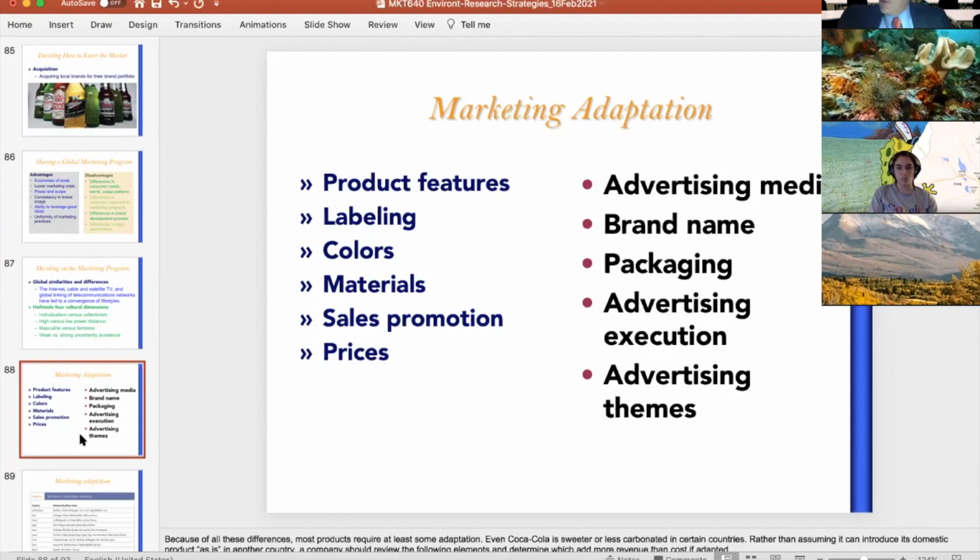So this vitamin water sold in the US, maybe they sell it based on the fact that you get energy, versus in Germany it's going to help you with health, versus in England maybe it's because it's going to help you with diet and nutrition. So this product, you're not lying.